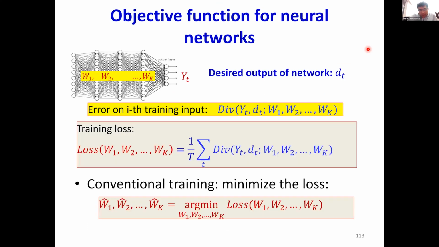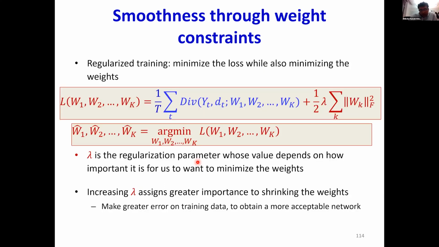The way we did that was that to the standard loss function, we also added a second term, which was simply the squared norm of the weights, weighted by some lambda. Since you're minimizing this loss, you would simultaneously be minimizing this average divergence and also the weights.